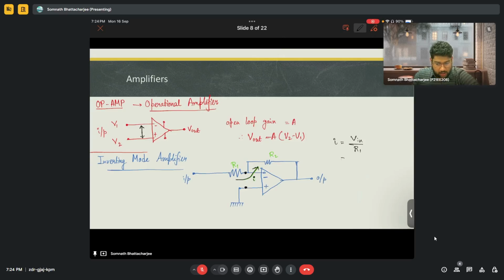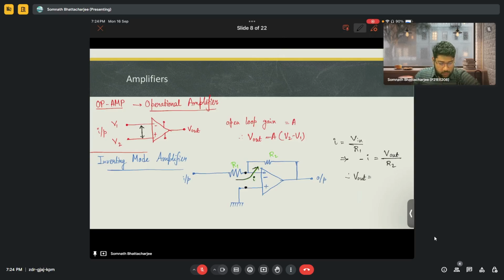Similarly, minus I will be nothing but V out by R2. Similarly, there will be another flow of this. So what will be the value of V out?